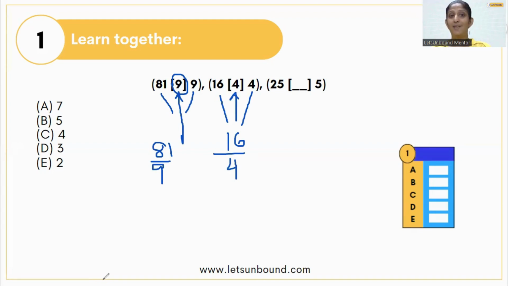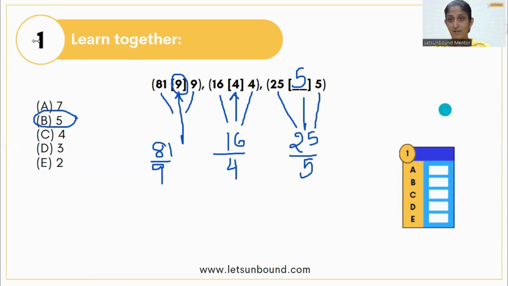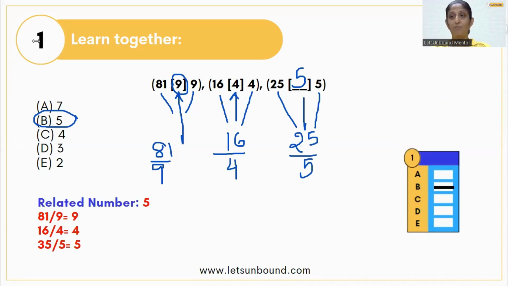So let us use the same logic. If I divide 25 with this number 5, then I get the number which is 5 for this missing bracket. So which is the correct option here? Option B is my correct option, right? So the idea is finding the relationship between the numbers.